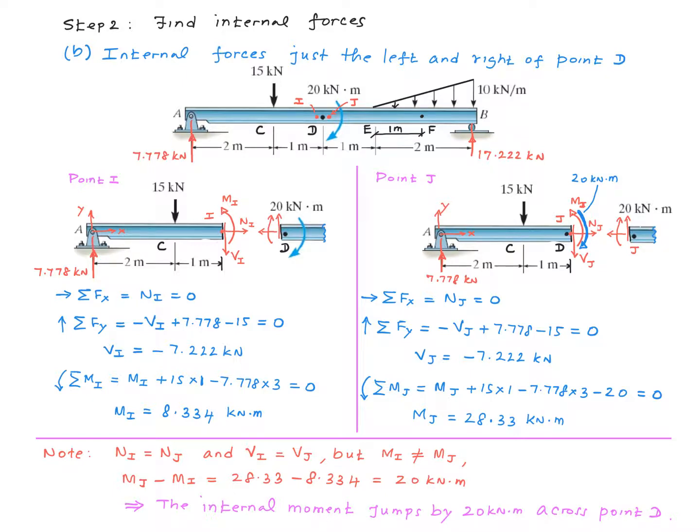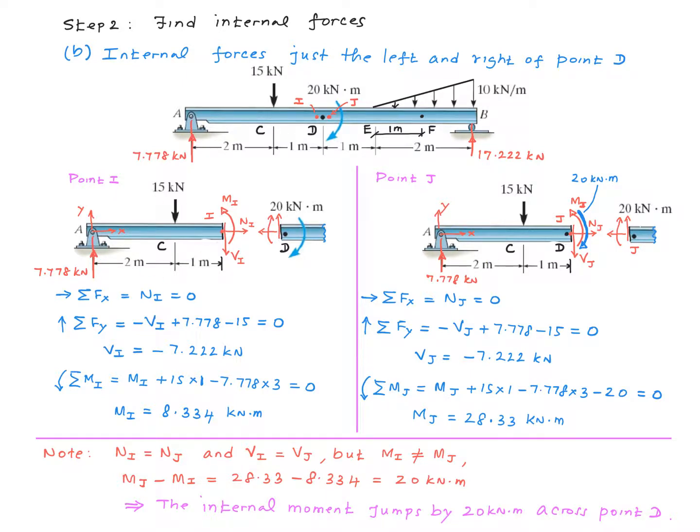Point I here is taken just to the left of point D, and these calculations, the calculation in the left column here, pertain to that, and point J is taken just to the right of point D, and these calculations pertain to that point. Once again, I'm considering only the left side for the analyses here.